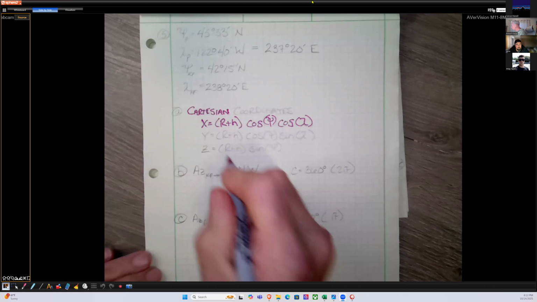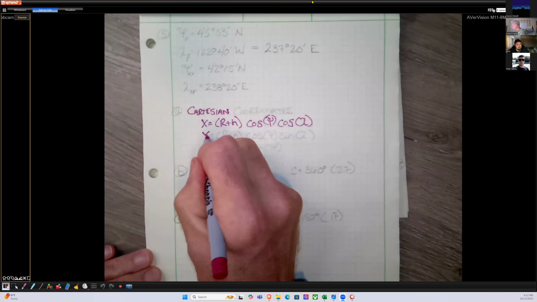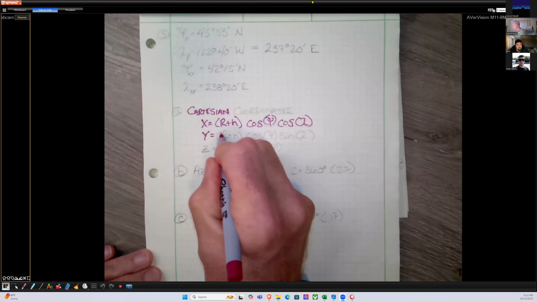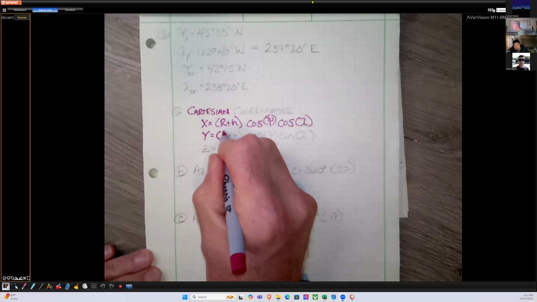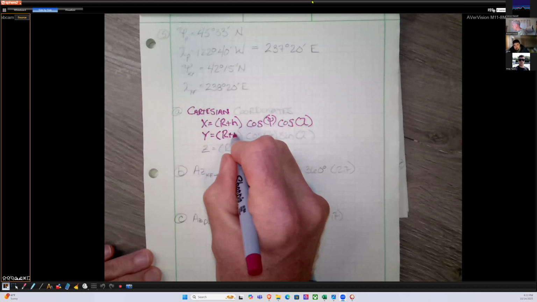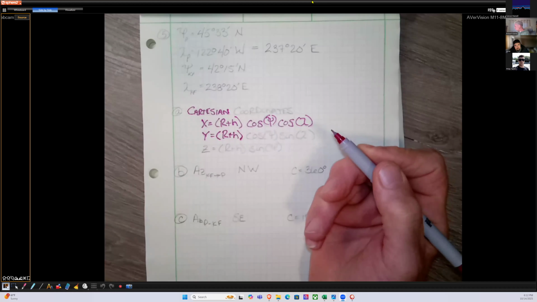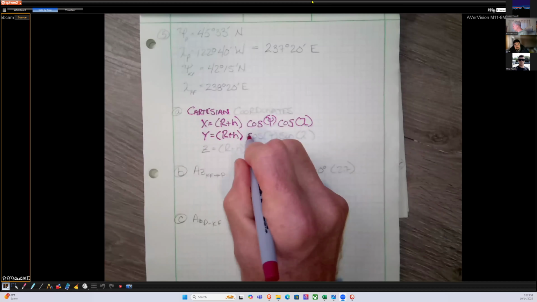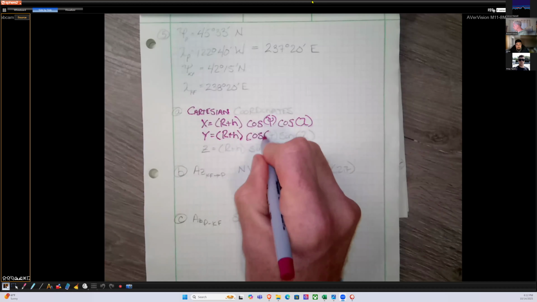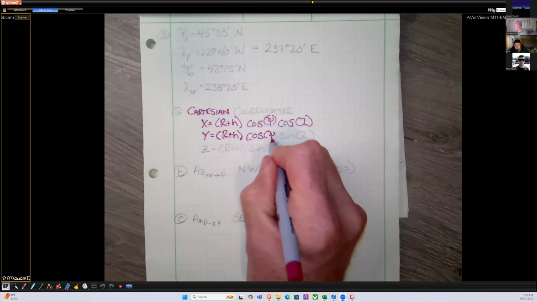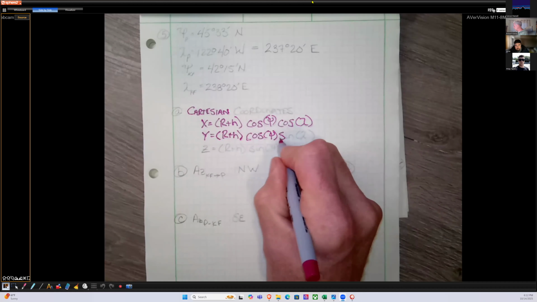Yeah. Okay, they're pretty basic. You have your radius value with the height included, which in the case of this problem, we're using a height of 0, correct? And then we multiply it by the cosine or the sine of psi and lambda, depending on the value we want.